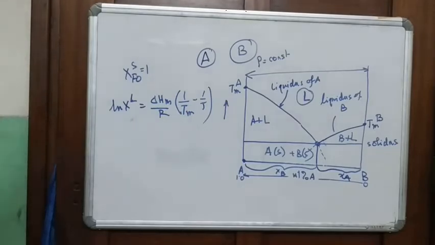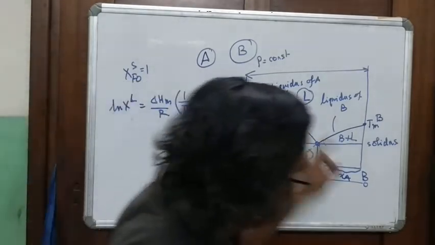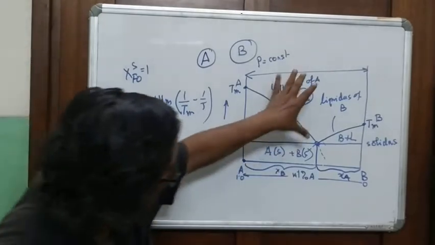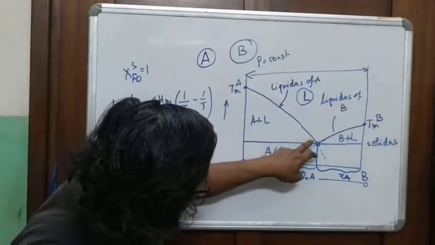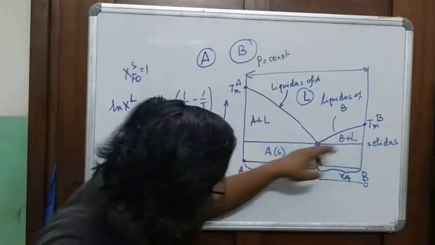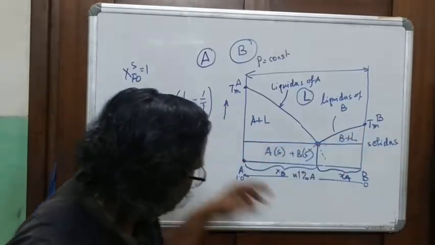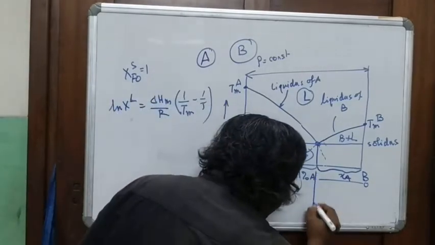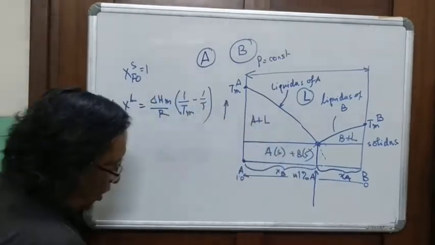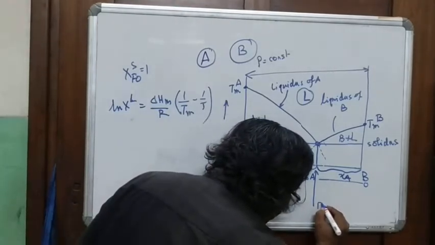That was the expression. And we derived this phase diagram where L is the composition of the liquid. This is the liquidus of A. This is the liquidus of B. And below this, this is called the solidus. And this point is called the eutectic composition.